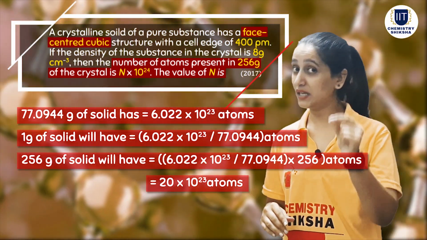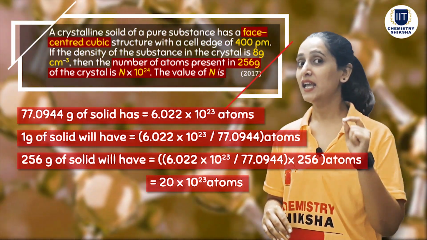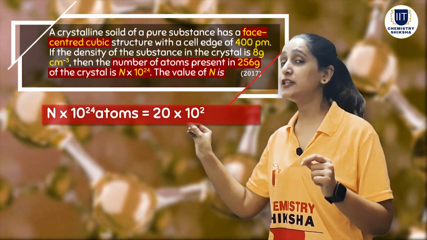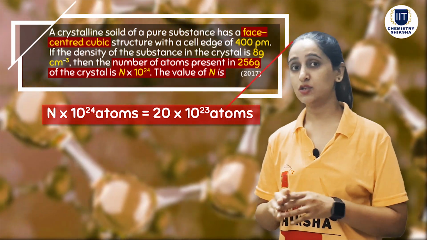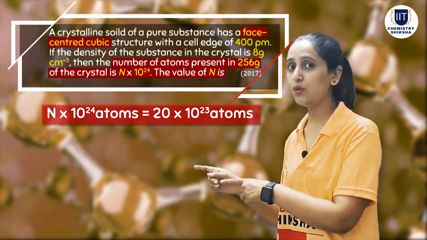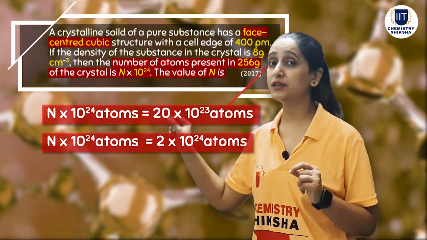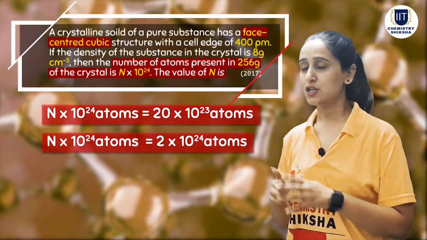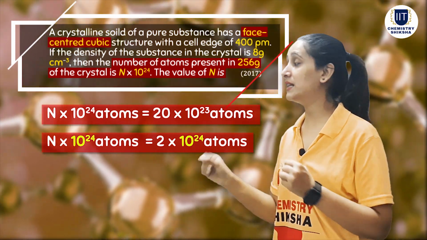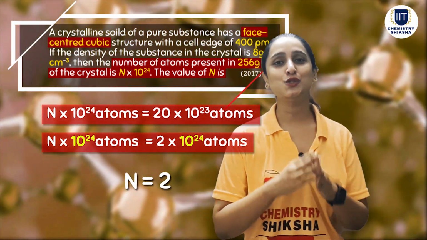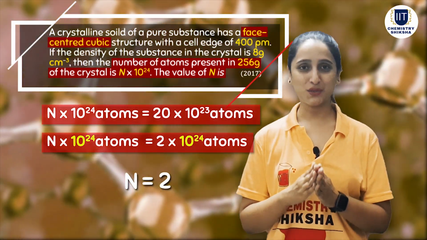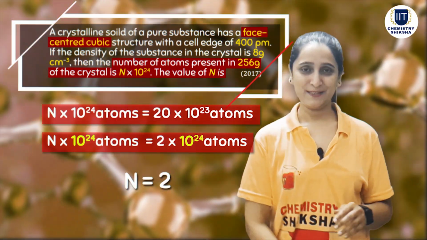But if you read the question carefully, we have been given N into 10 to the power 24 atoms. So we have to calculate this value in the same power. So it will come out to be 2 into 10 to the power 24 atoms. So comparing both the values, we get N equal to 2, which is the answer for this question.